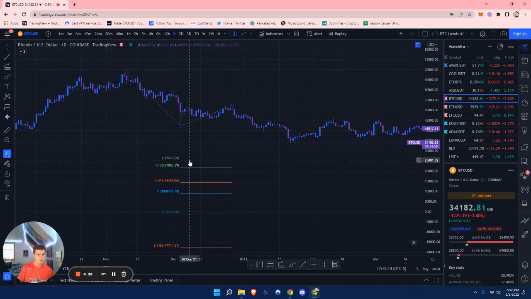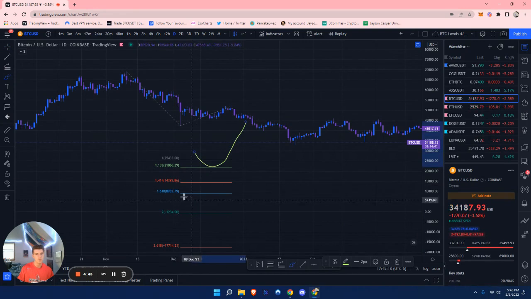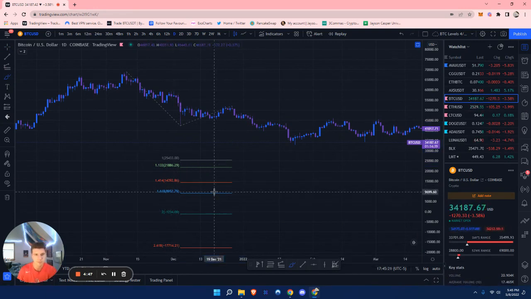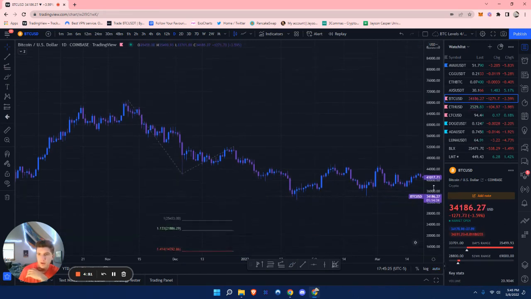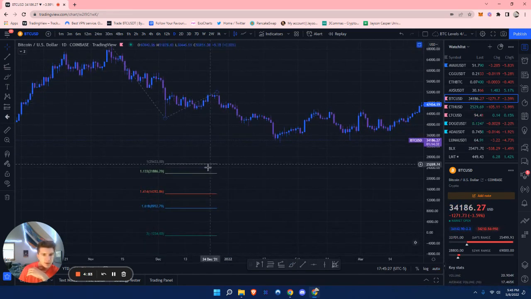Now there is a 1-to-1 of 25,000, and a good chance if we don't act as this as strong support that we do come down to this 1.618. Typically that is true on altcoins, but not so much Bitcoin, but just something to keep in mind.